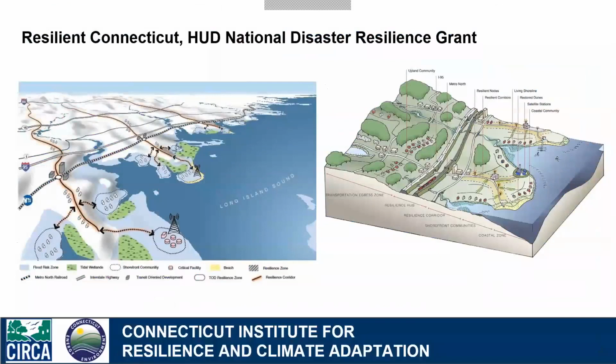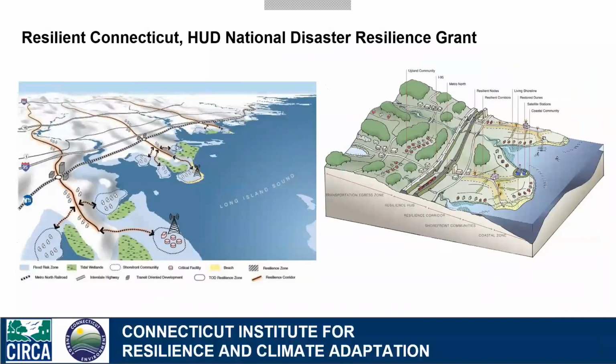And I wanted to mention that the Resilient Connecticut proposal included these visualizations, which represent the idea of the resilience corridor that the state presented to the federal HUD. And the idea was really a concept that was generated through discussions with state agencies, with the COGs, with municipalities.